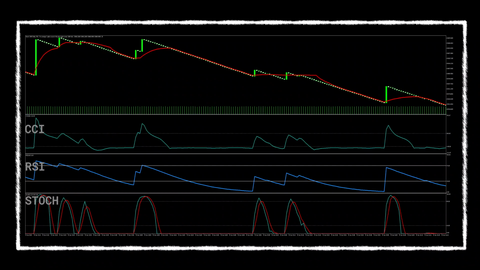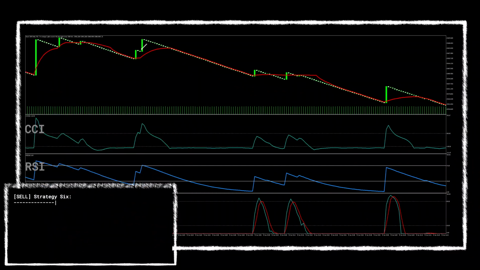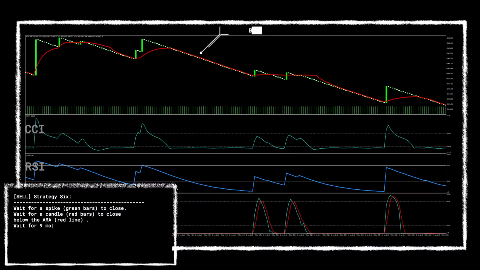Going back to our chart, if you add the stochastic indicator, by the time the RSI is below 30, the K and D lines are consistently below 20, and the two are always on the same level.